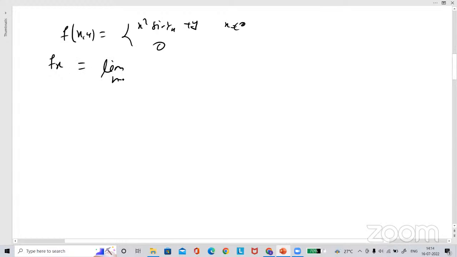Again use the limit as h tending to 0, because we want to find it around (0, 0). So go with the proper limit definition: f of (0 plus h, 0) minus f of (0, 0) upon h. This is the definition. Now your function is going to be h only here and 0.